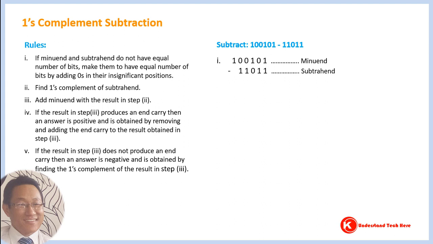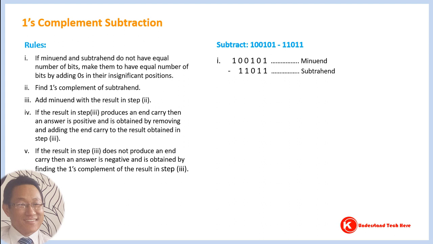According to rule 1, we need to make the minuend and subtrahend have an equal number of bits by adding zeros in their insignificant positions. An insignificant position is a position where adding an extra zero does not make a difference.